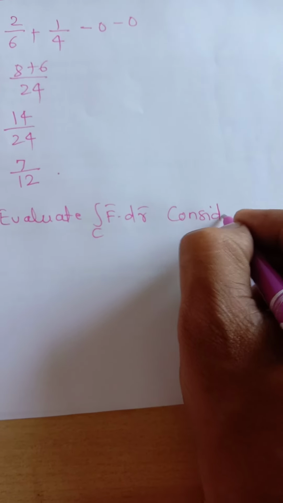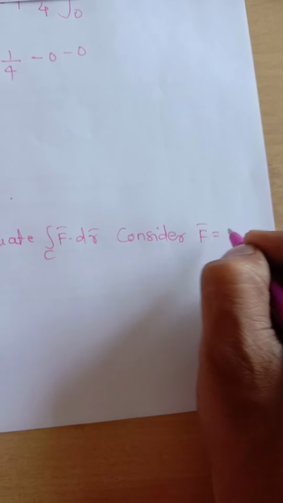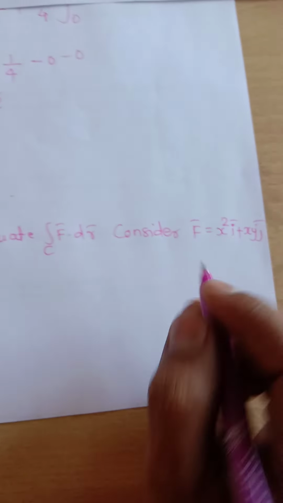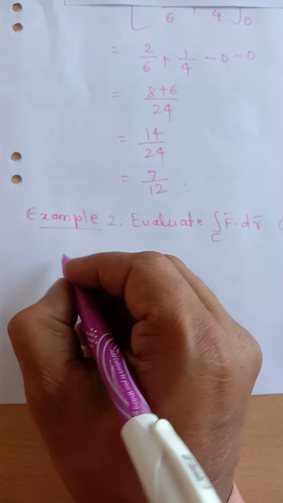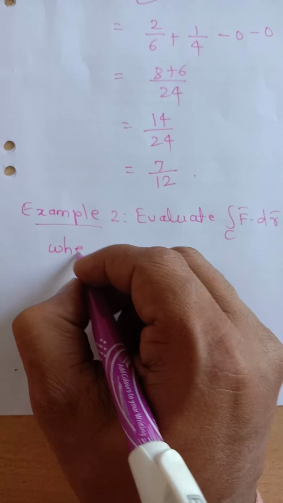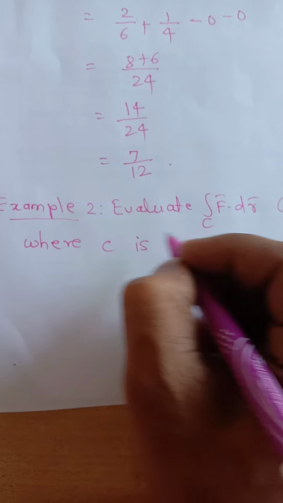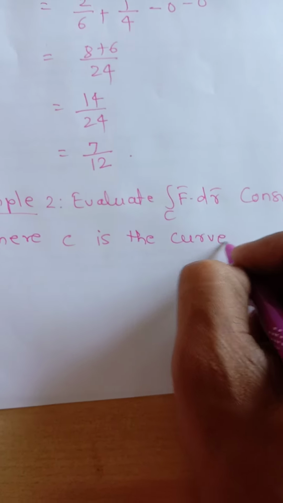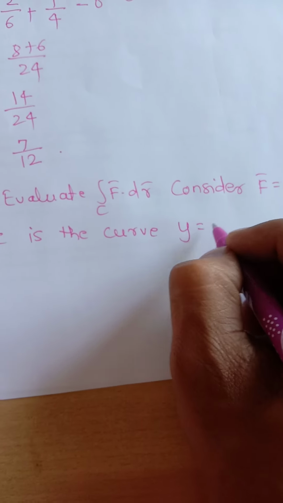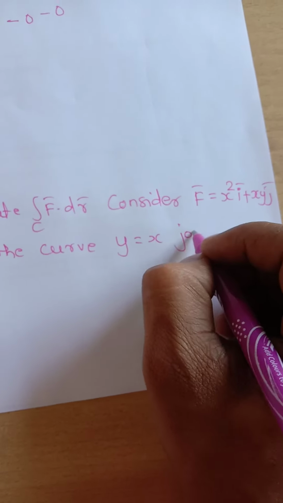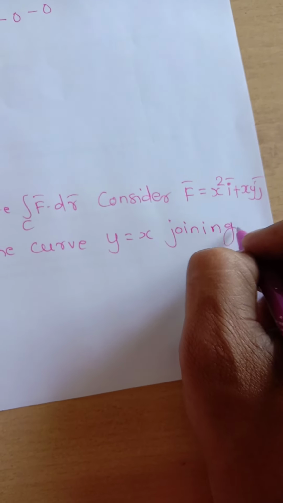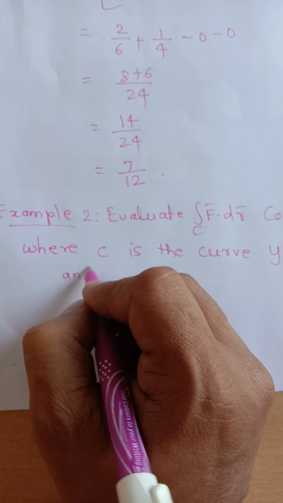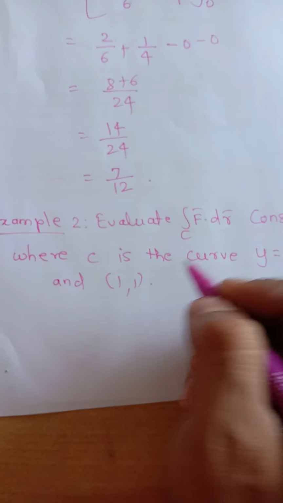Consider f bar is equal to x square i bar plus xy j bar, where C is the curve y is equal to x joining 0, 0 and 1, 1.